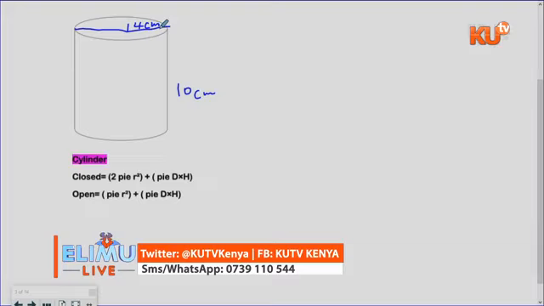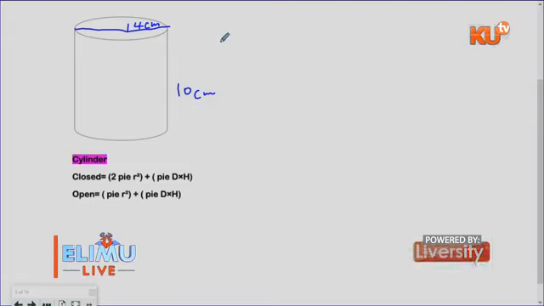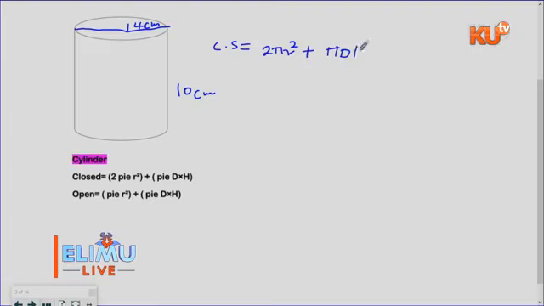So just like I've said, we are going to start with the closed, and then I'll explain how you can find the surface area of the open. So normally the formula for the closed cylinder is equal to 2 pi r squared plus pi dh.